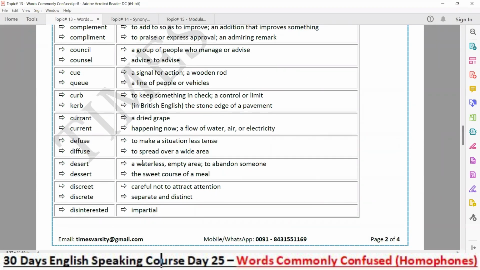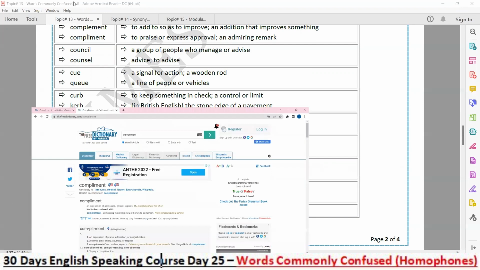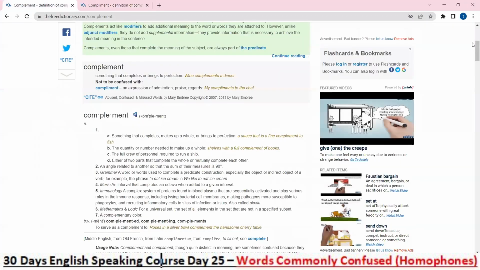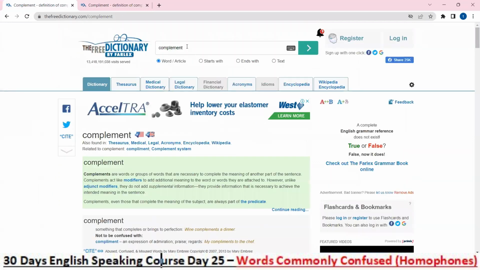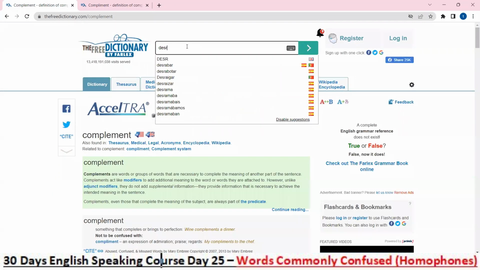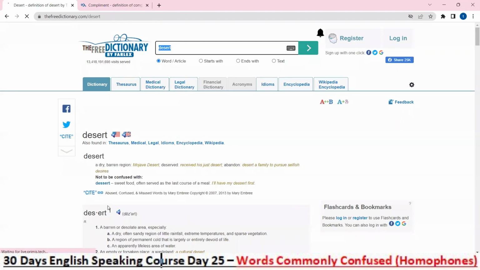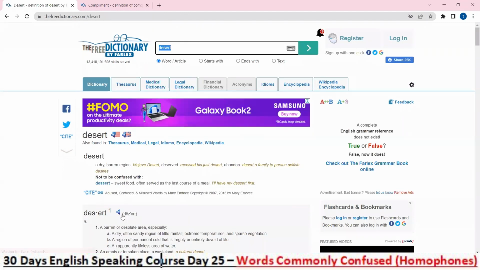Another one, yes. This is desert, a waterless empty area, right? Look at this one. The first one is desert, like Registan, right? Desert.